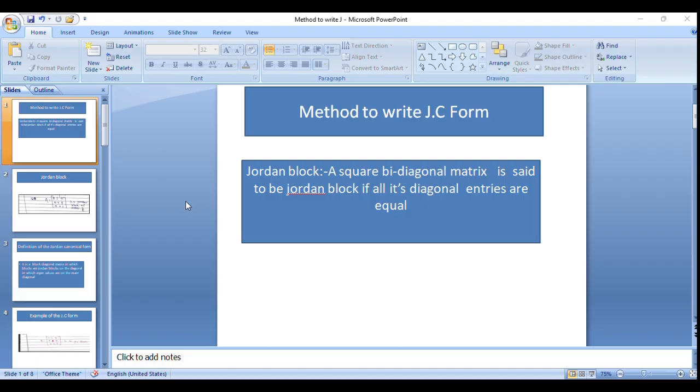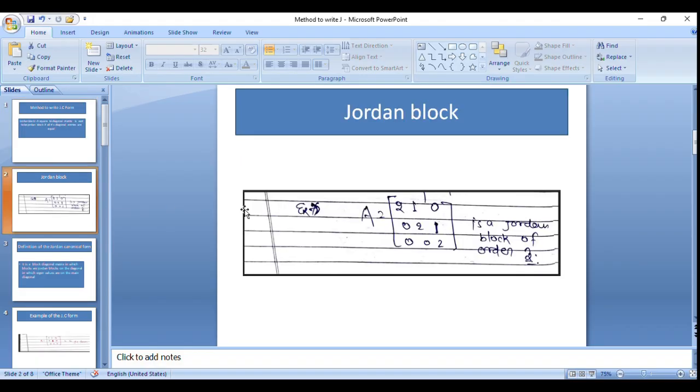If we see an example of the Jordan block, it is like this, and its size is 3. So the order of this Jordan block is 3. The diagonal elements are equal, like 2, 2, 2, the part below the diagonal is 0, above the diagonal it is 1, 1, and other elements are 0.